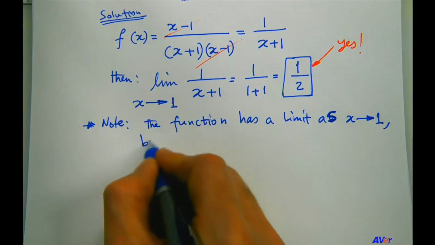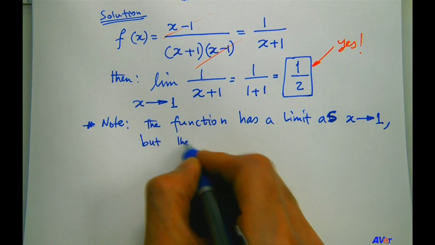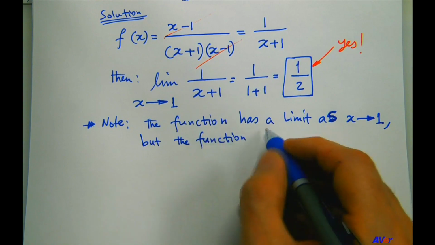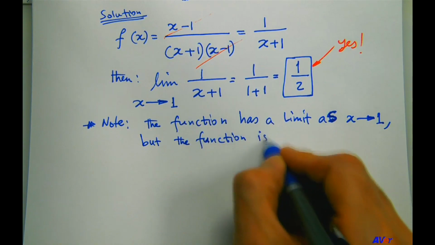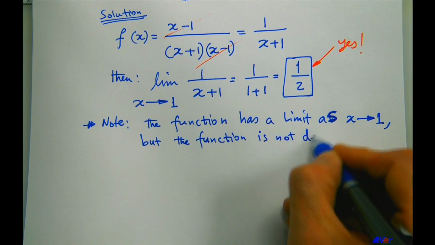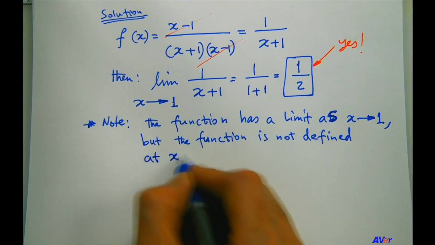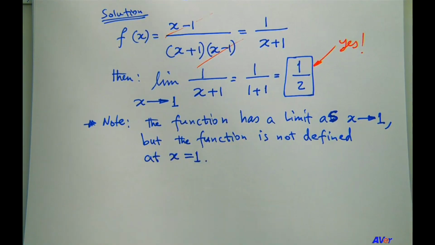But the function is not defined at x equals 1. So I hope you're catching the difference between the value of a function at some x value and the limit of a function as x approaches that same value. Okay, there is a very important distinction there.